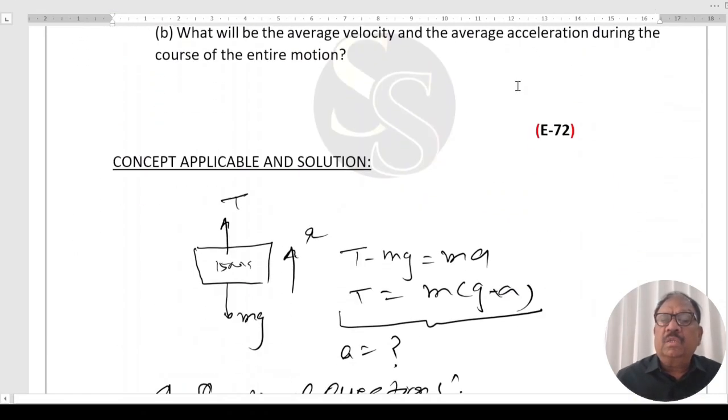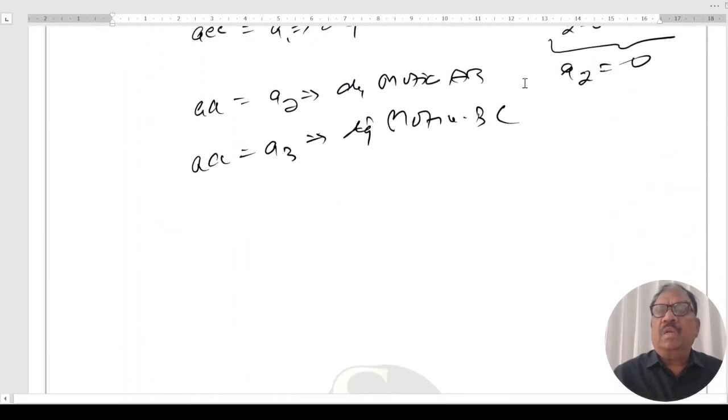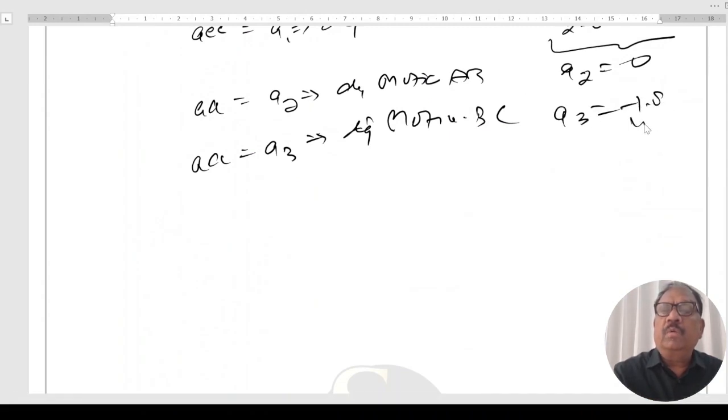So we get the acceleration in the three cases. a3 will be equal to minus 1.8 meter per second square.